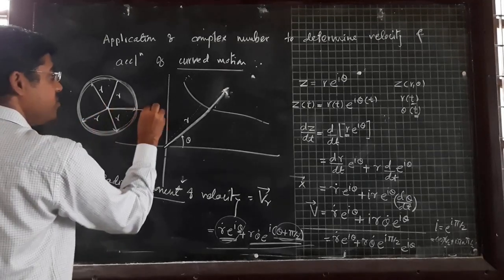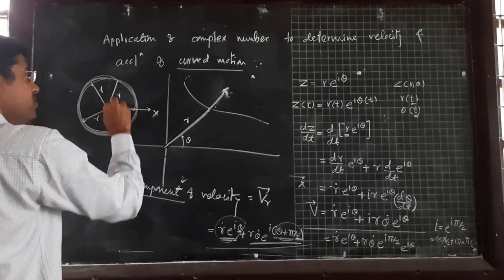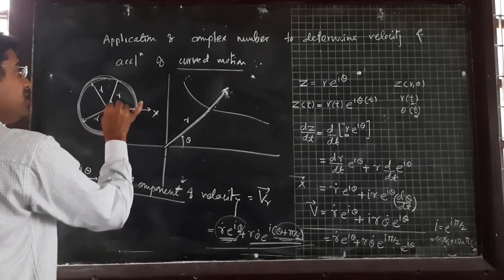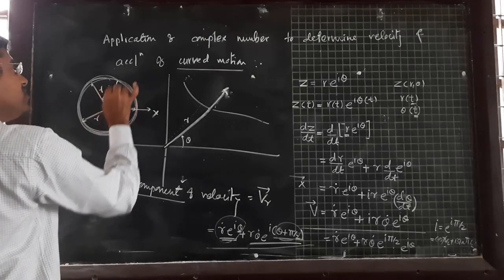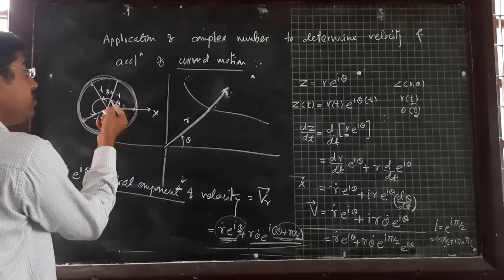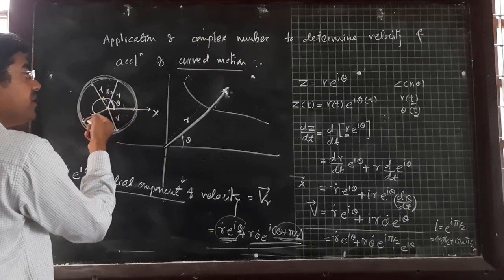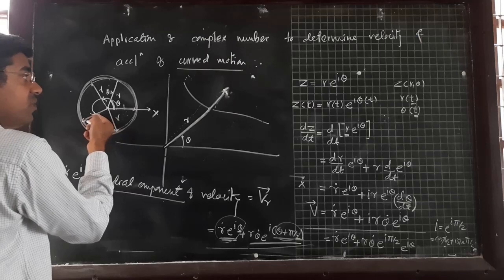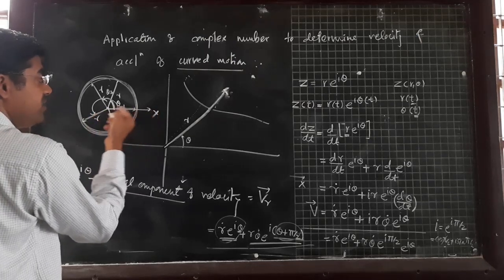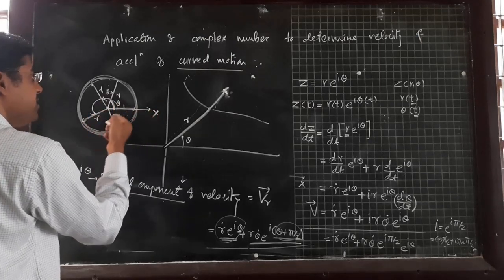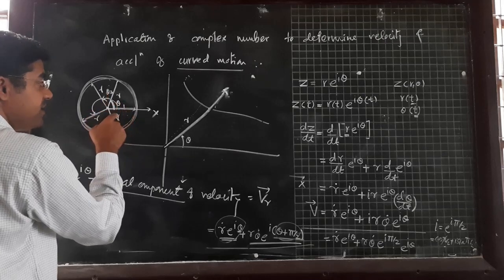This is suppose your x-axis. So this is your theta. Theta will be increasing in the counterclockwise direction. Okay. So we are measuring the angle with respect to x, so in this direction your theta will be increasing.